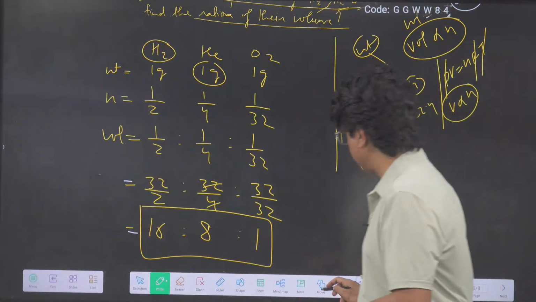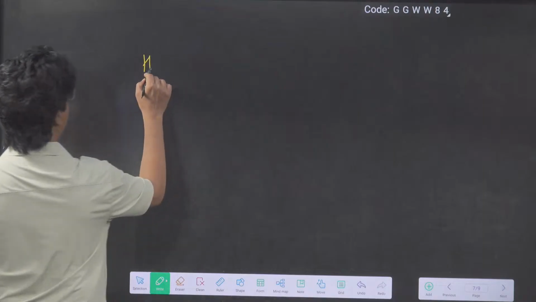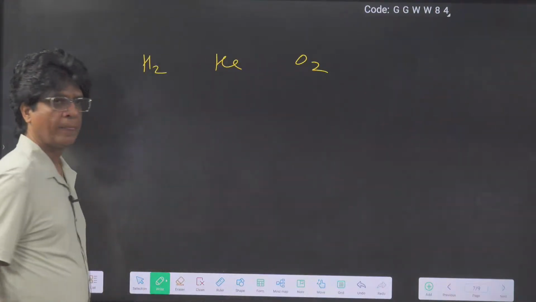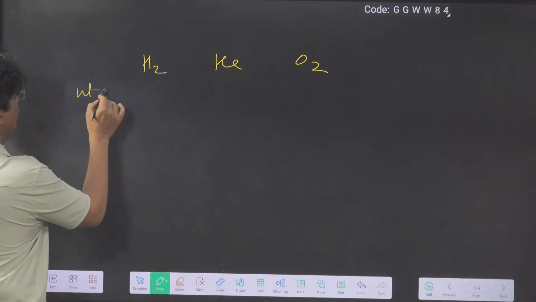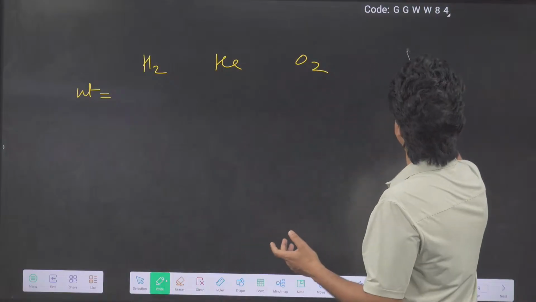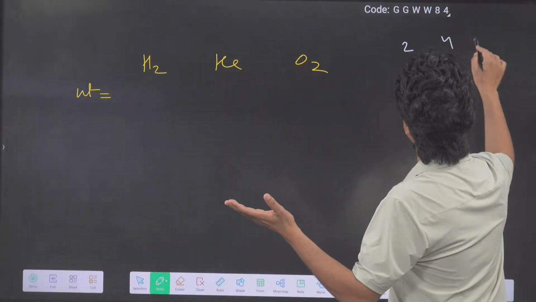And there is one more method. The other method is that if you're talking about hydrogen, helium, and O2, normally if they give you equal weight, then you can take the molecular weight of hydrogen, which is 2, helium atomic weight 4, and this is 32.